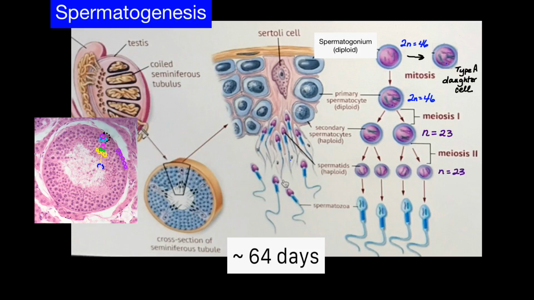Their heads are actually directed towards the center once they get to that point, and they finally can be released into the lumen and passed along to the rete testes. And that's also done because the Sertoli cells are constantly pushing fluid and sending signals to push everything towards the center. So this whole process is what takes 64 days to complete.